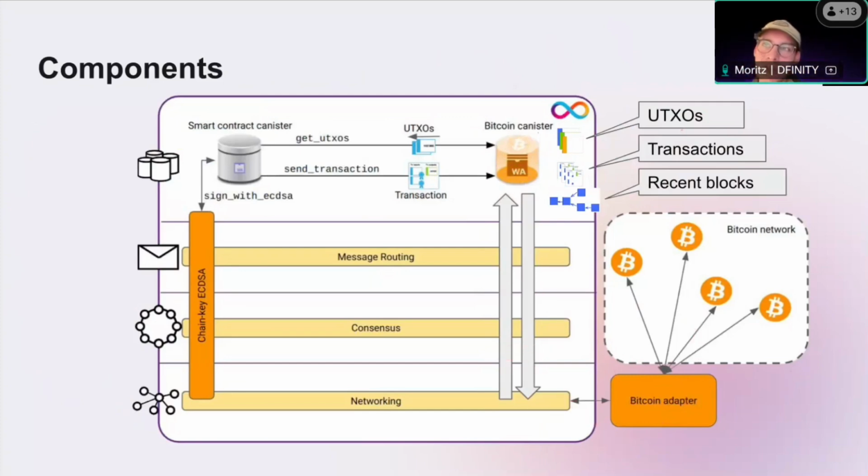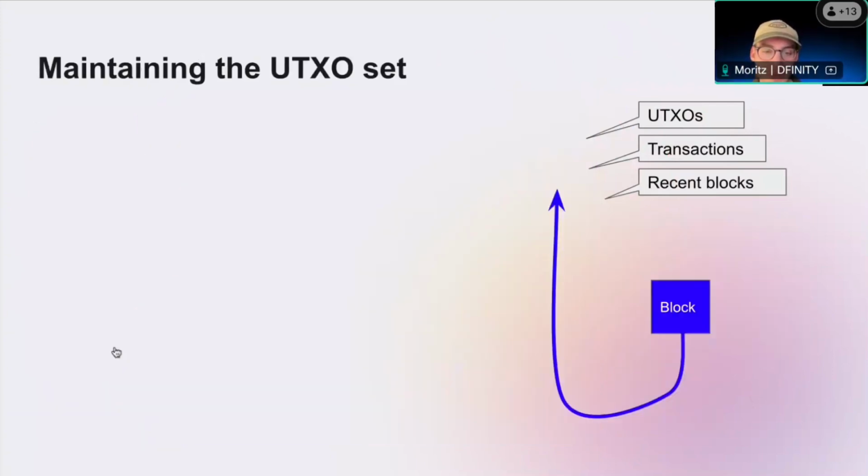But it does connect to other Bitcoin nodes in the Bitcoin network, and to them, the Bitcoin adapter is like any other regular node, so they don't really see the difference. And through this setup, the Internet Computer can actually obtain Bitcoin blocks from the Bitcoin network and process the transactions that are contained within those blocks.